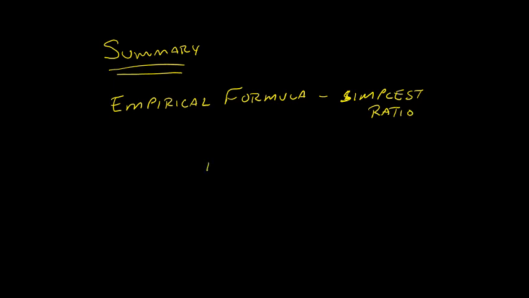And we showed that if you know the molecular formula, you can write the empirical formula. But it's not necessarily true that if you know the empirical formula, you can always write the molecular formula, because from any empirical formula, there may be multiple possible molecular formulas. And we'll look at that in the next video.